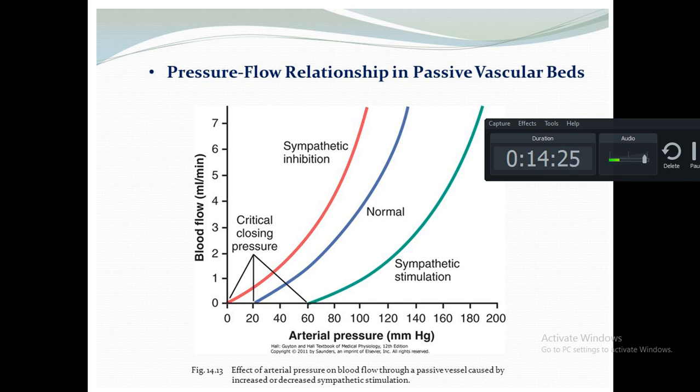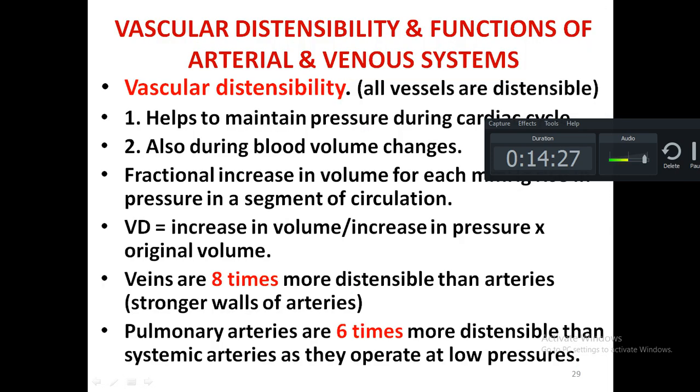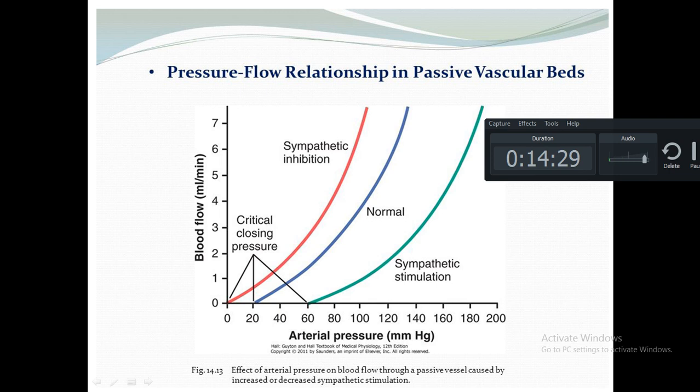This is the critical closing pressure. You can see here, for the normal it is here, and then with sympathetic inhibition it will be at 0 arterial pressure, and whenever there is sympathetic stimulation, the pressure is in this range of 60 millimeters of mercury.